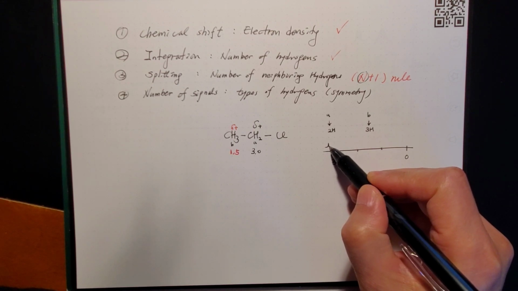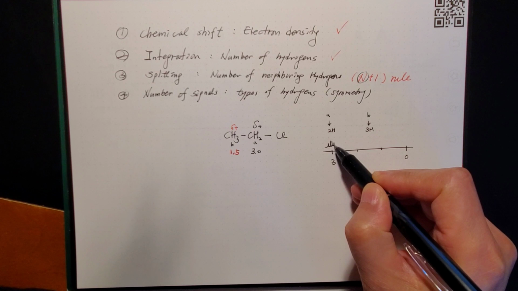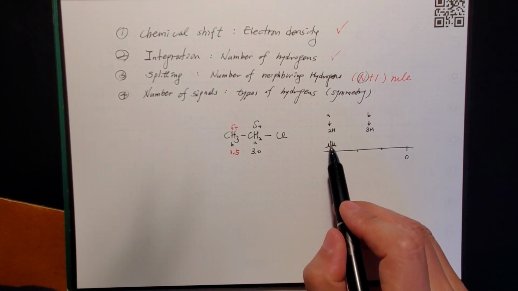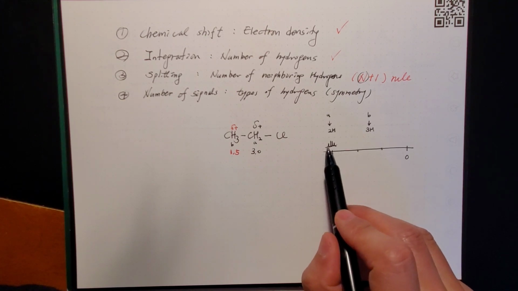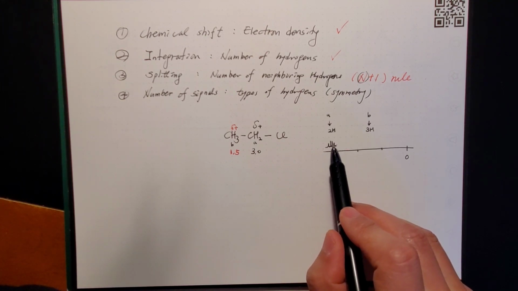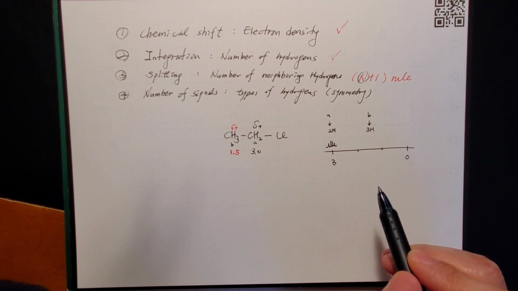It should normally be symmetrical, same gap, with the 2 side lines smaller and the 2 center ones taller. There is a certain rule called Pascal's triangle, but we'll skip that for now.